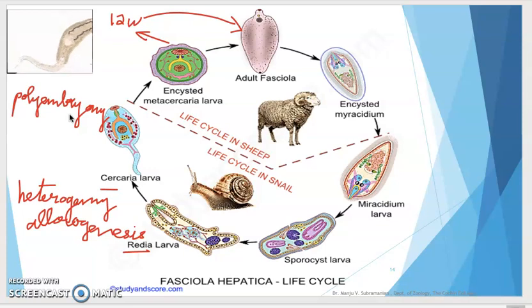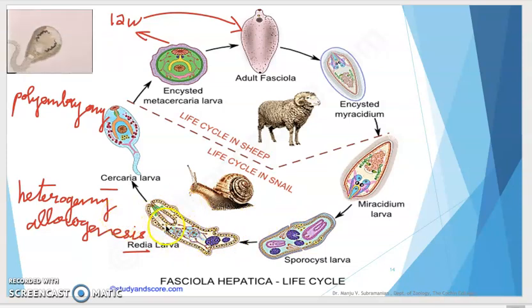And the liver fluke also illustrates pedogenesis, which means reproduction by the larval forms before becoming the adult form. You can see here, from the sporocyst the redial larvae arise, and from the redial larvae the cercaria larvae arise.